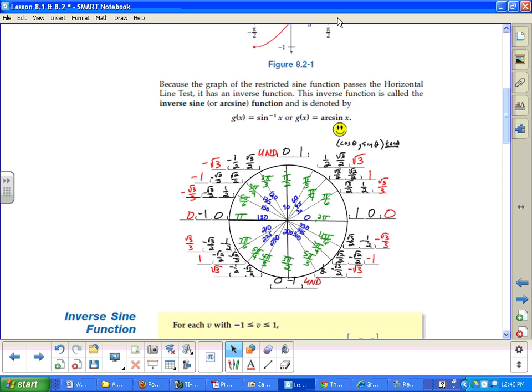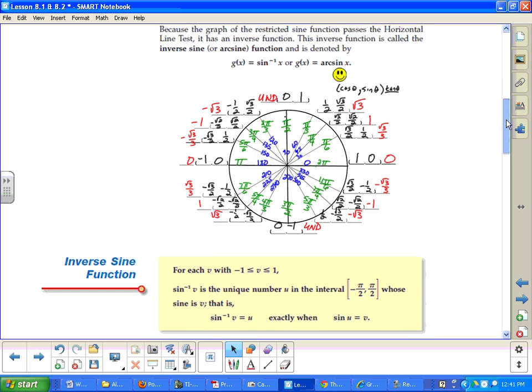Okay, so when we're talking about inverse sine, because the function sine does not have an inverse, we have to restrict it so that we have both positive and negative values for our domain.